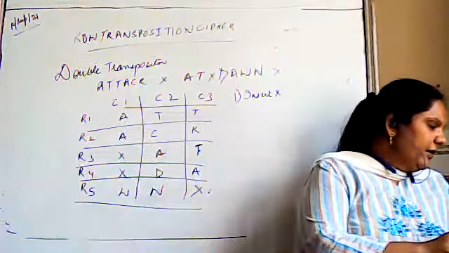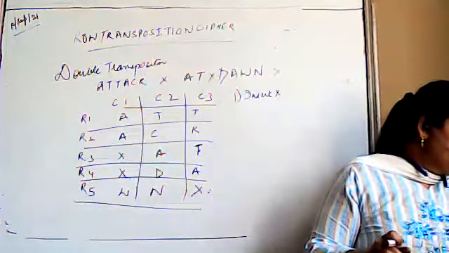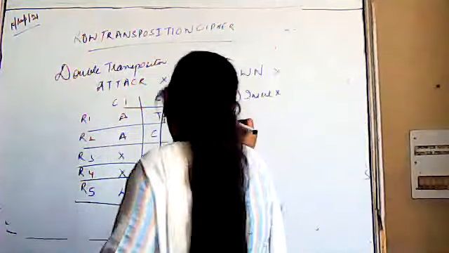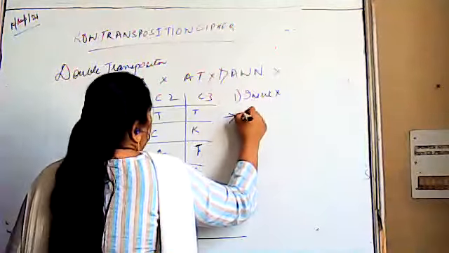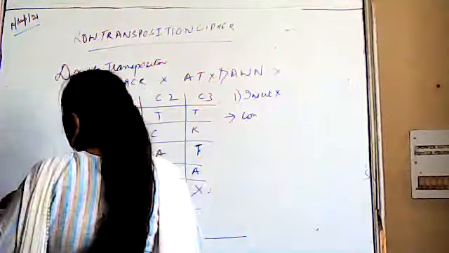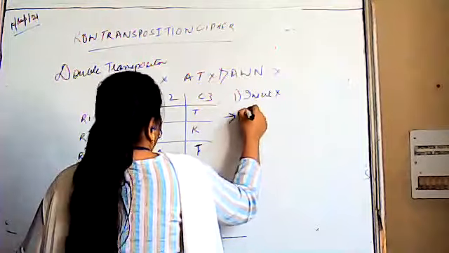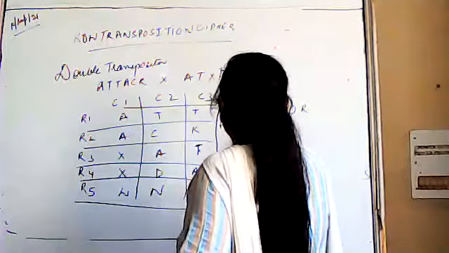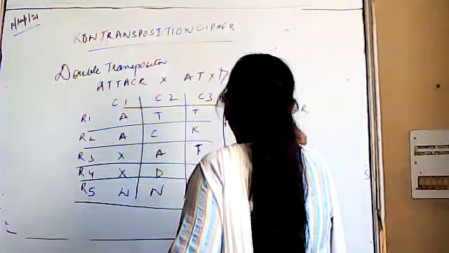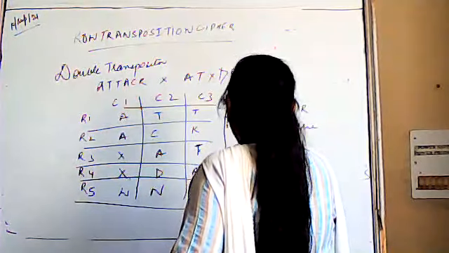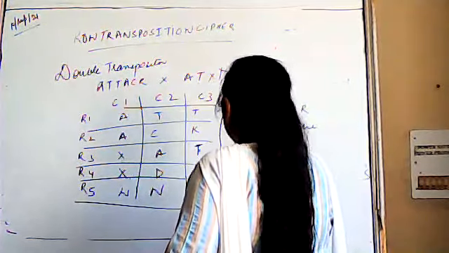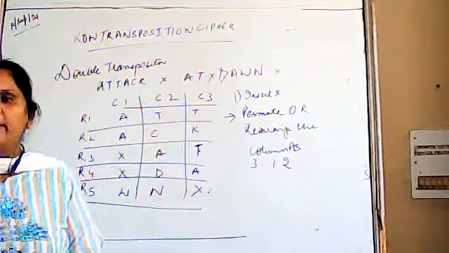Fine. Now you are going to arrange these letters. First of all, permute or rearrange the columns as 3, 1, 2.